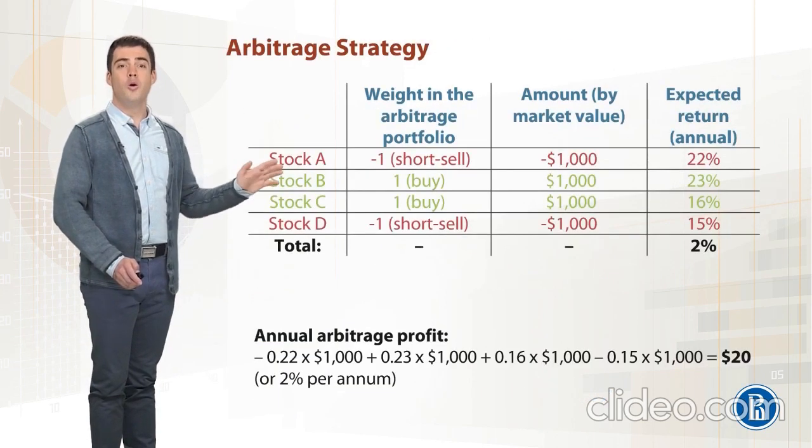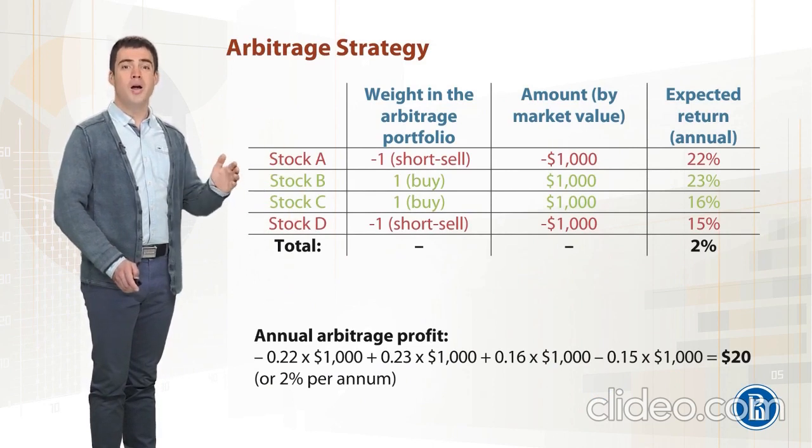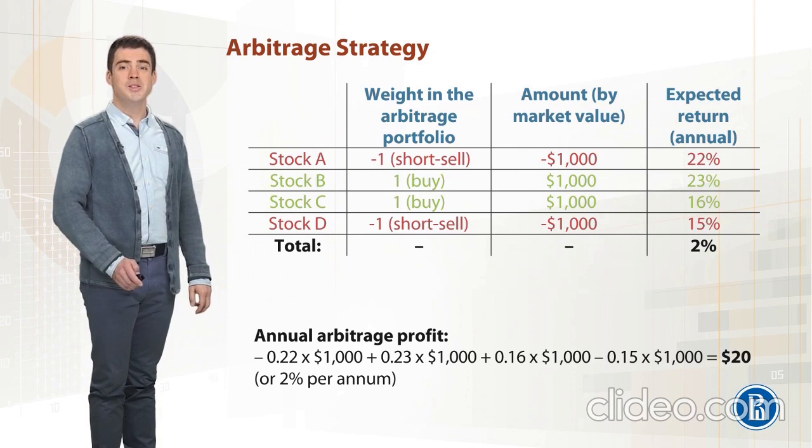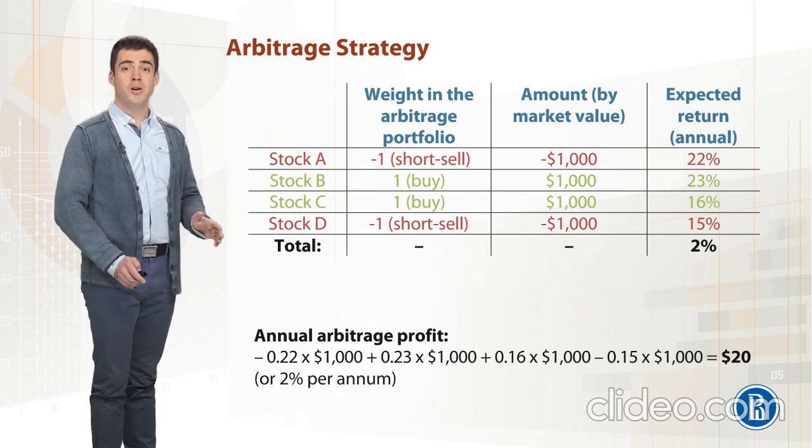Now combining all these four stocks in one portfolio called the arbitrage portfolio, we can see that indeed this portfolio may produce us the annual arbitrage profit of $20 if we make trade with each security for the market value of $1,000.